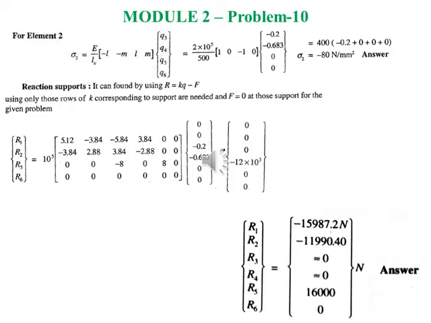Using only those rows of K corresponding to supports, and F is equal to 0 at those supports for the given problem.